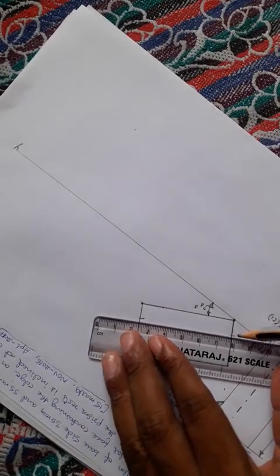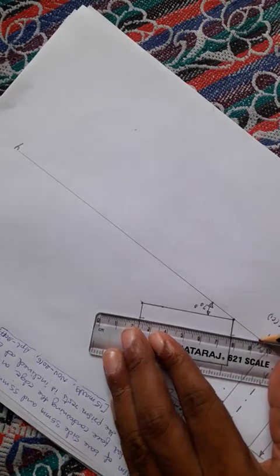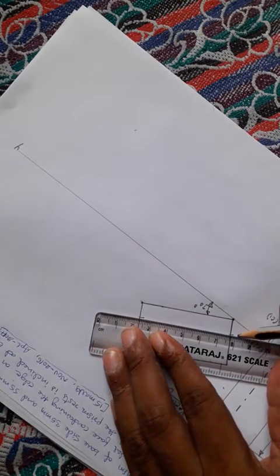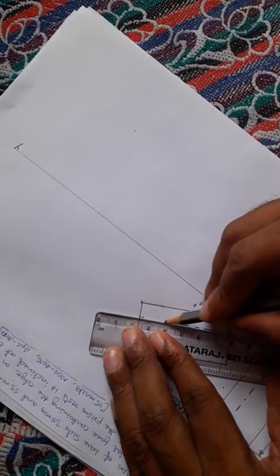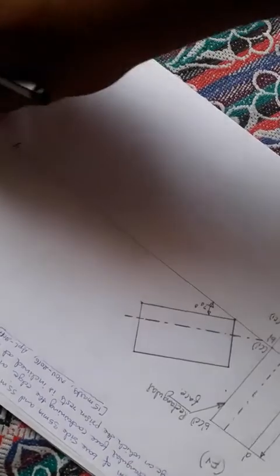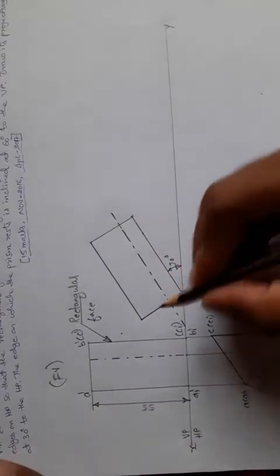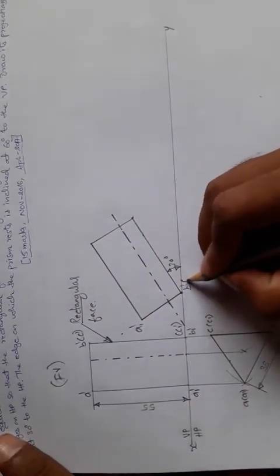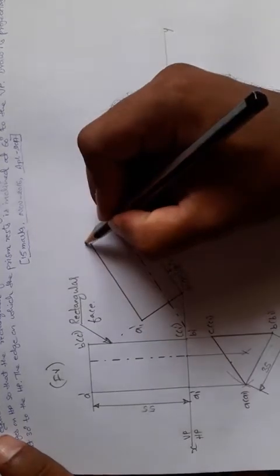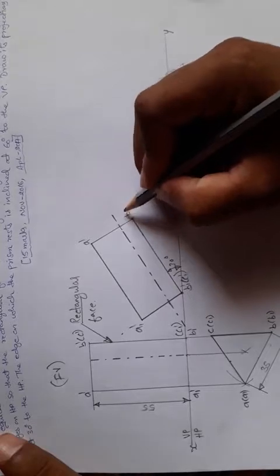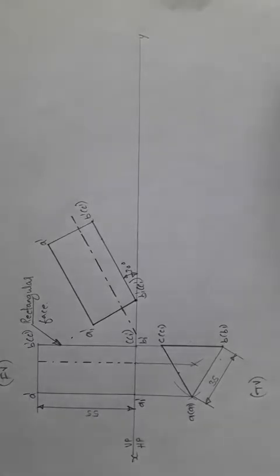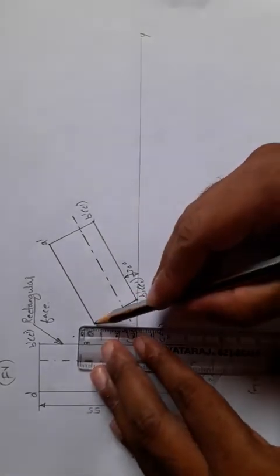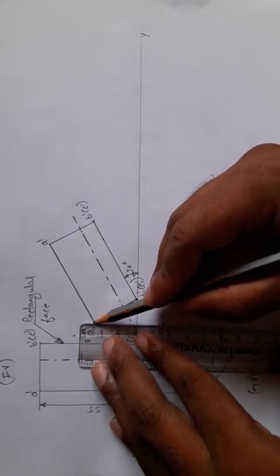So this is the XY line. Same points I am going to write here once again: this is A1 dash, this is B1 dash, in bracket C1 dash, and this is A dash, B dash, C dash. Now I am going to draw the vertical line from the top view.